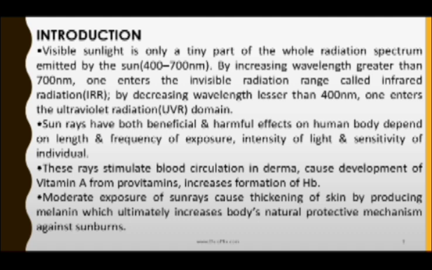sunburns. So, the visible sunlight is a tiny part of the radiation spectrum. When it is greater than 700 nanometer, it is called IR radiation, and when it is lesser than 400 nanometer, it is called ultraviolet radiations. Sun rays have both beneficial and harmful effects on human beings based on length, frequency of exposure, intensity of light and sensitivity of individuals.